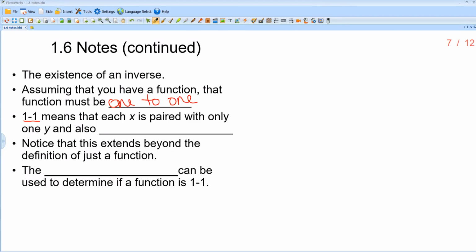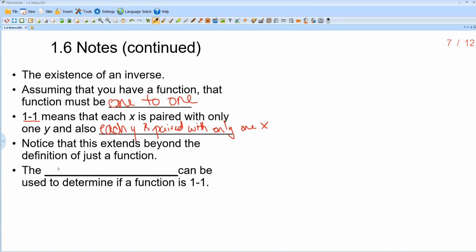A one-to-one function means that each x is paired with only one y, and also each y is paired with only one x. So this extends the definition of a function. When we talked about what a function actually is, we said that every x value can have only one y value. Now what we're saying is, in addition, each y value can only have one x value.